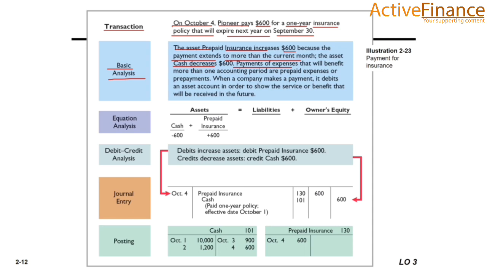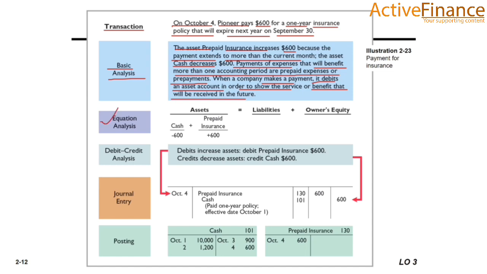Payment of expenses that will benefit more than one accounting period are prepaid expenses or prepayments. When a company makes a payment, it debits an asset account in order to show the services or benefits it will receive in future. That's why it will be debited.